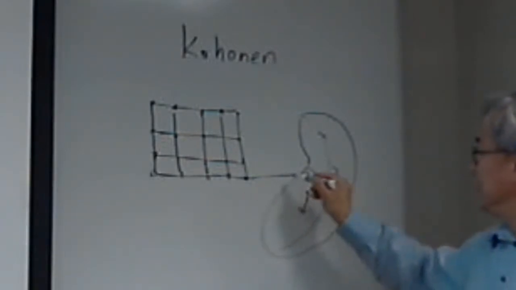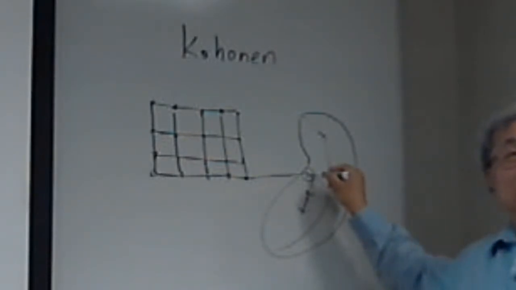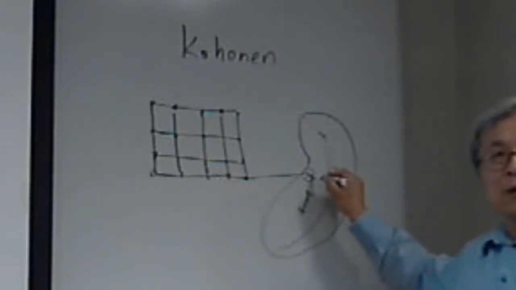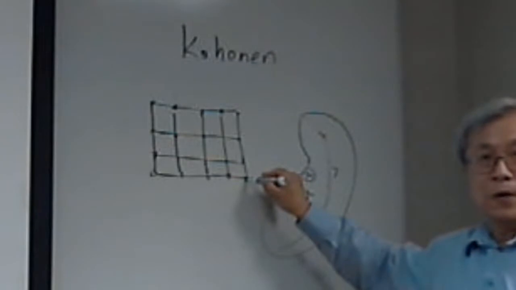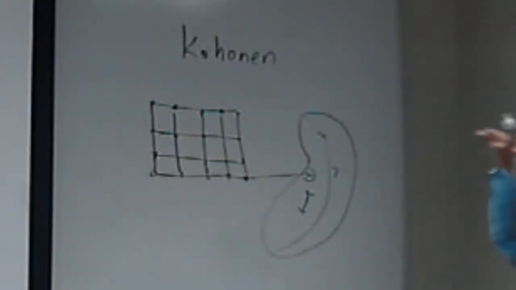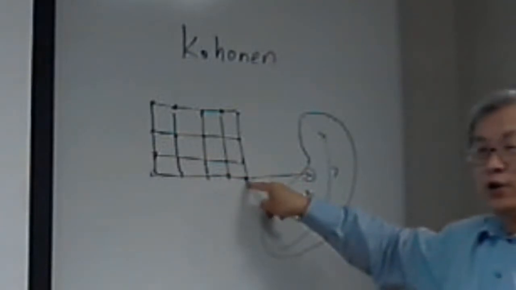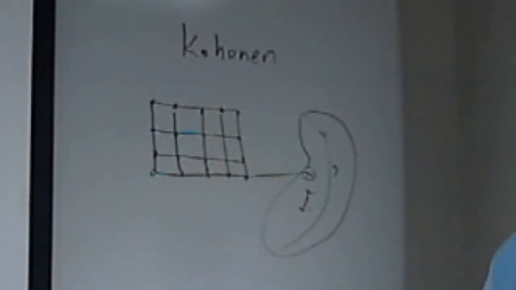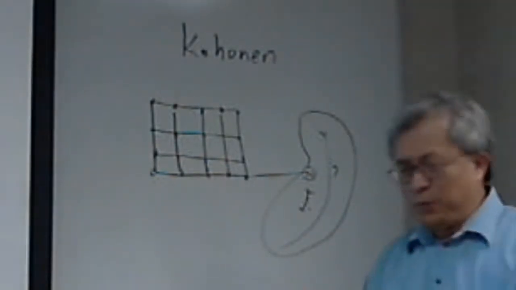So when this object was presented, it finds that it is nearest to this point, and it takes a winner-take-all strategy. Not exactly, meaning it is not simply absorbed. The idea is that you gradually modify your codebook.